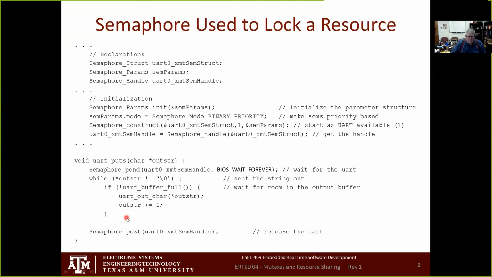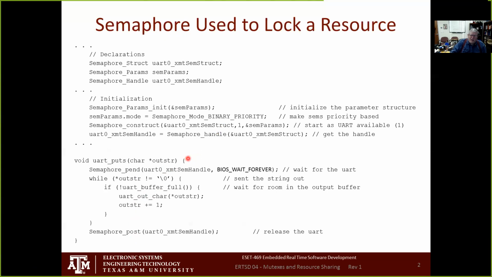This is relatively appropriate, but if I had some computation about what was going to go in out string, if I was going to check out string to see if it had a null terminator, if I were going to free the memory associated with out string, all of those things, because they don't have to do with the semaphore, with the resources that we're protecting, we would want to do those before or after we actually do our posting of the resource.